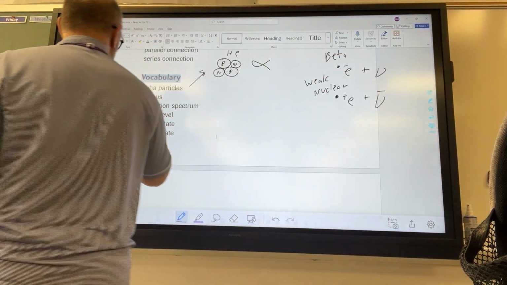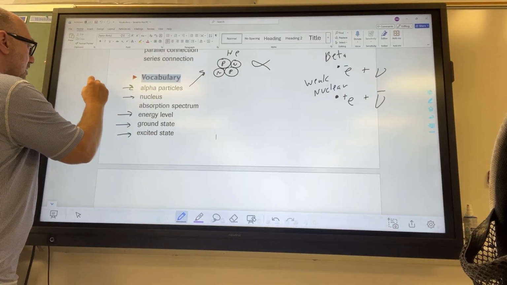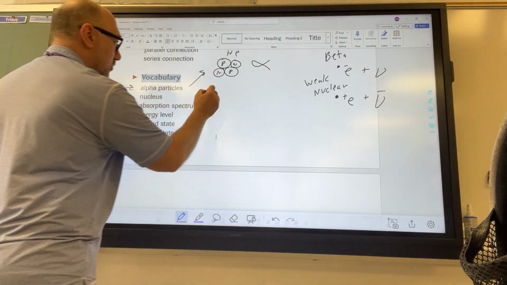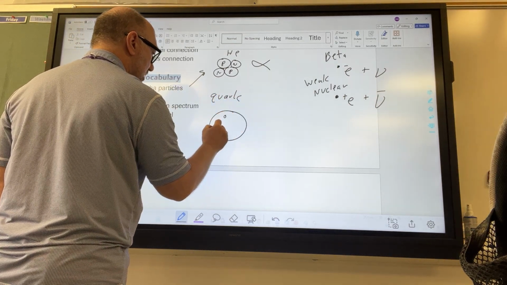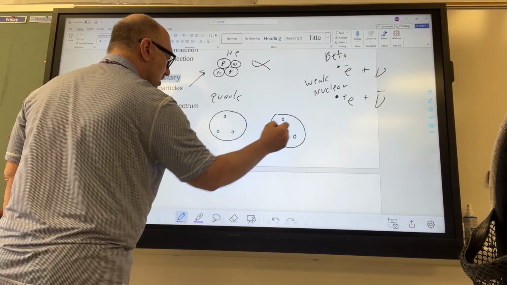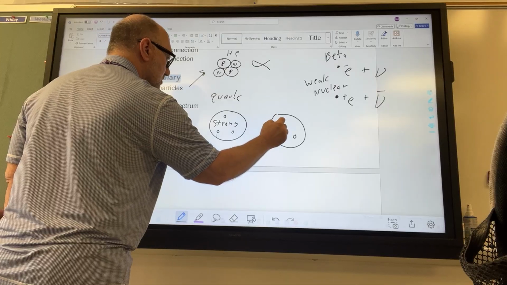And then alpha decay and the nucleus, all this is the strong nuclear force. And it's not listed here, but quarks, right? Protons and neutrons have 3 quarks inside, and that's also the strong nuclear force.